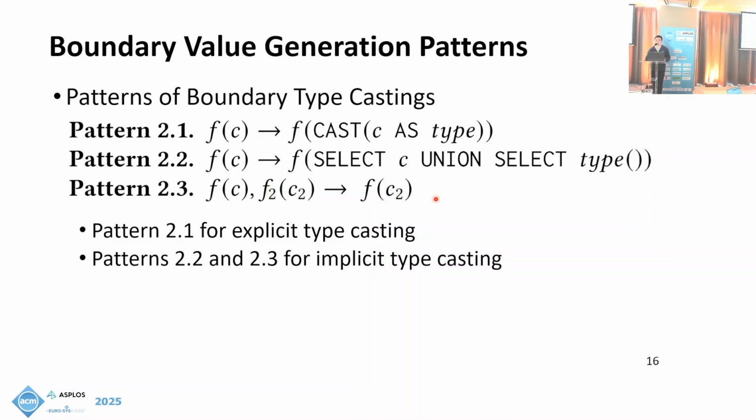Pattern 2.3 directly passes the arguments of one function expression to another function to create implicit typecasting. This is because arguments for different functions may follow different formats and data types. So passing the arguments of other functions can make the formats and data types mismatch, resulting in implicit typecasting.